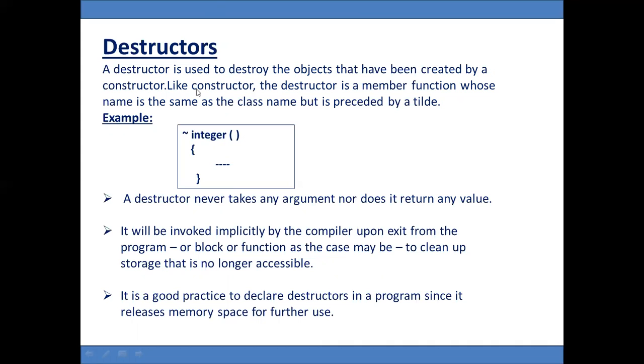Like a constructor, the destructor is a member function whose name is the same as the class name, but it is preceded by the tilde symbol. Same syntax as a class destructor. You have to add the tilde symbol.